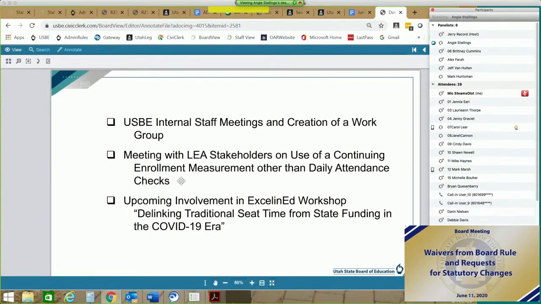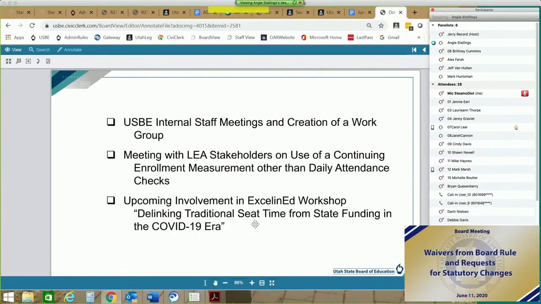We also recently, a group of us met with LEA stakeholders on how they are using different continuing enrollment measurements other than a daily attendance check to demonstrate that they do have students that they're engaged with and that are on the rolls of their school. And that was really helpful. And we'll continue to meet with that group, especially in a moment. You'll see some of the options that we're considering and why that stakeholder group will be very important.